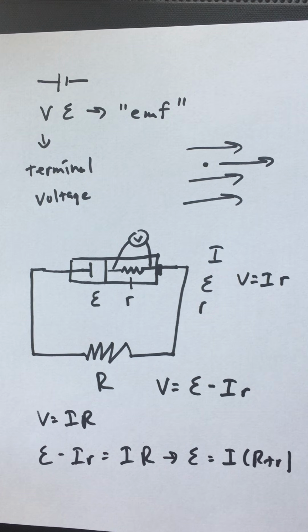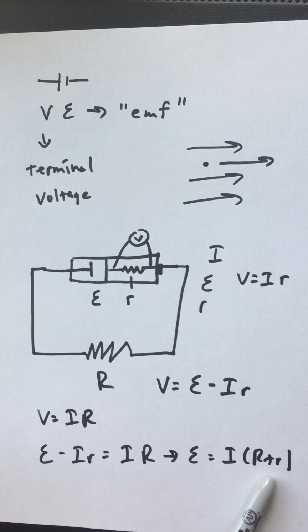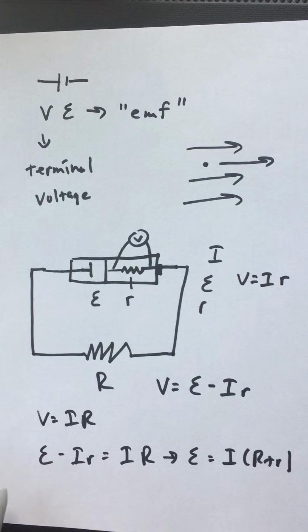But in 99% of real-world applications outside of a laboratory, 8.95 volts is going to do just fine for my 9-volt application, if that makes any sense. So the upshot of this is if you're doing an internal resistance problem, you care about the little r. If you're not, you are free to set the EMF and the terminal voltage equal to the same thing.